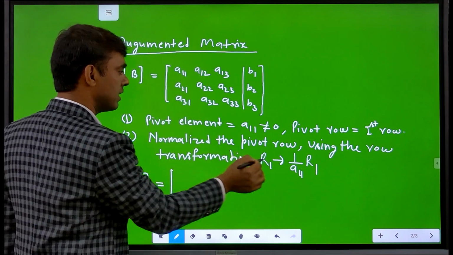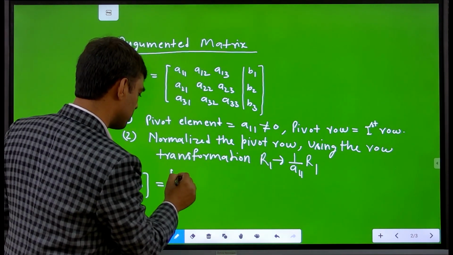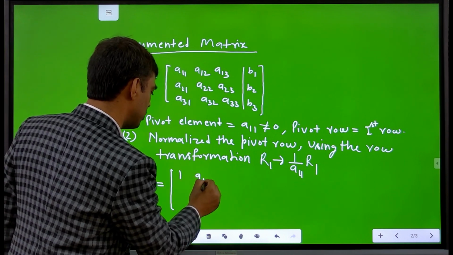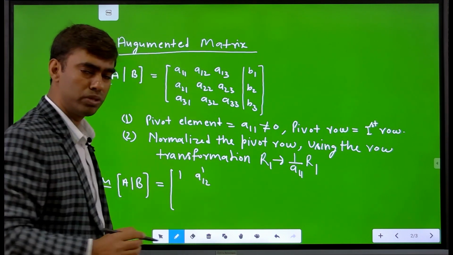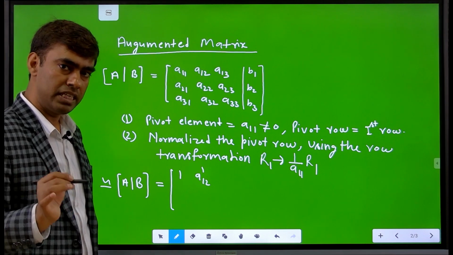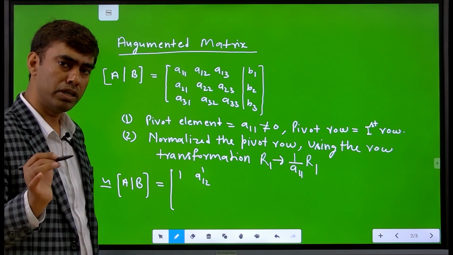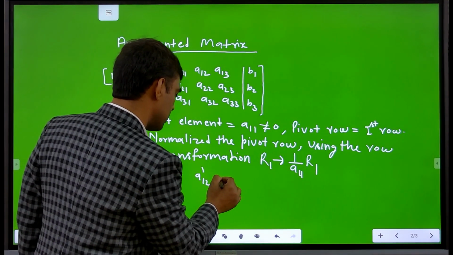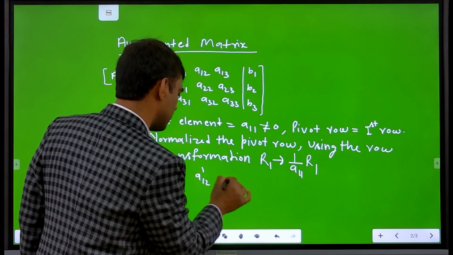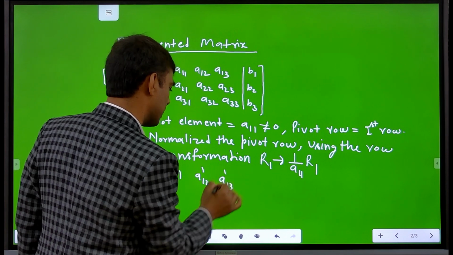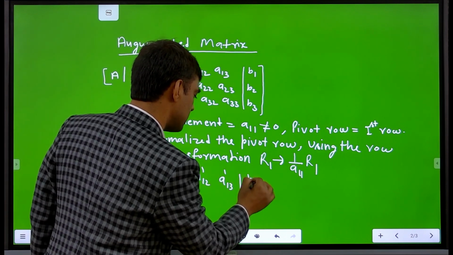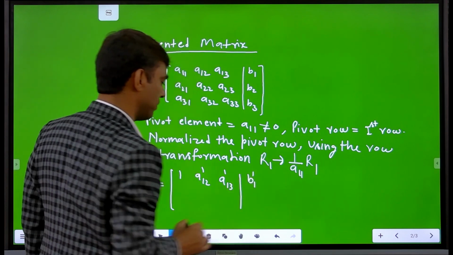So, if we divide by A11, this becomes 1 and this becomes A12 dash. A12 dash means we changed the value of A12 one time. Similarly, A13 changes to A13 dash and B1 changes to B1 dash.